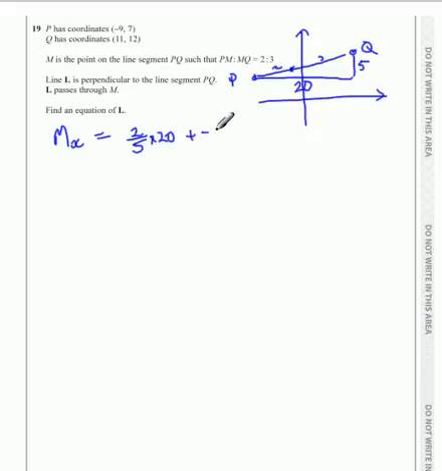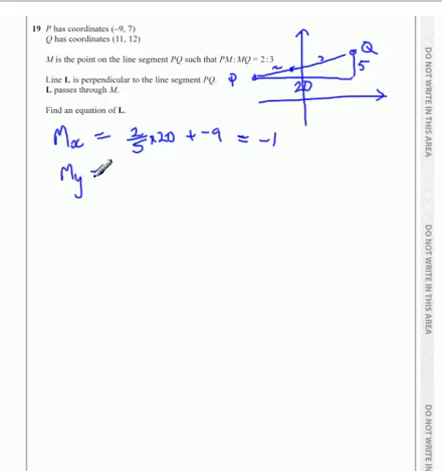So that's going to be the -9 there. So working that out, 2/5 times 20, we can put that in on our calculator or work it out, is going to be 8, plus -9 is going to give us -1. So that is the x value for our M coordinate.